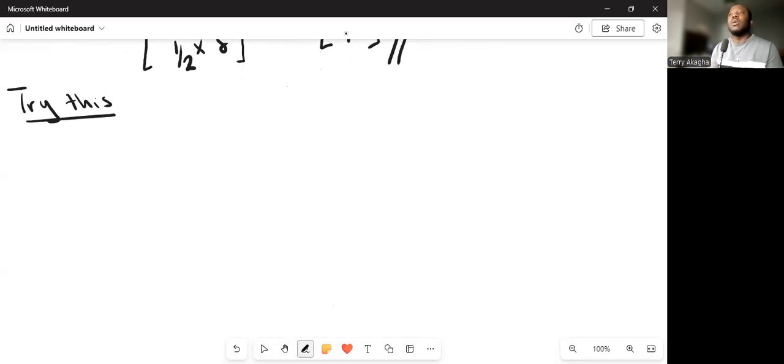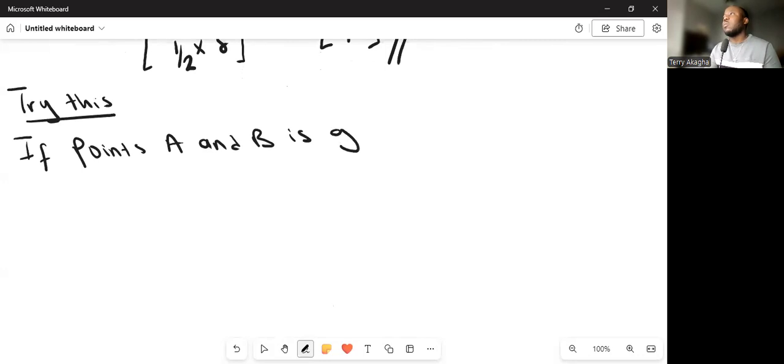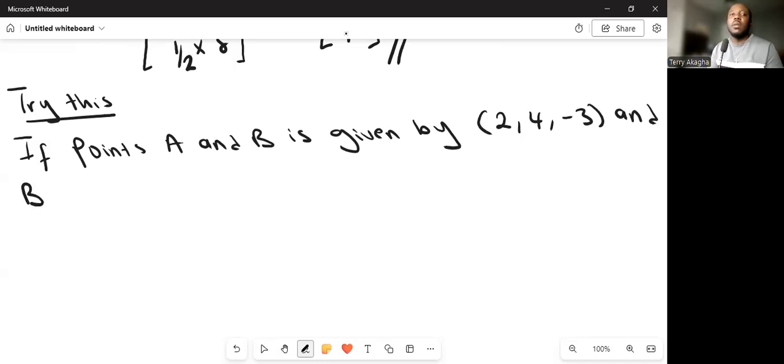So we're told now that points A and B, A is given by (2, 4, -3), and B we have as (-5, -2, 1). We're told to then find its midpoint.